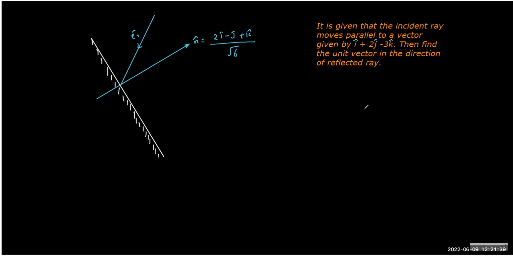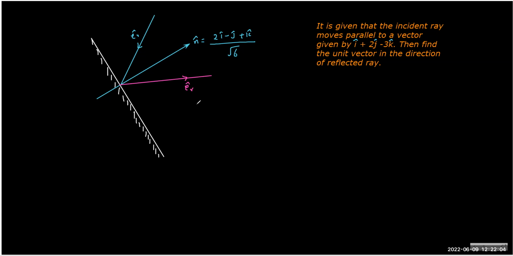So it is given that the incident ray moves parallel to a vector given by i cap plus 2j cap minus 3k cap, then find the unit vector in the direction of the reflected ray. Yeah, is the question clear?